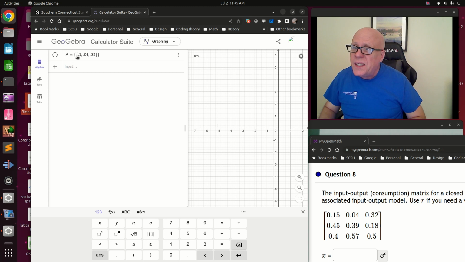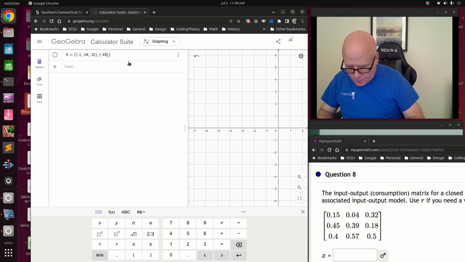So that's the right kind of format. I've got a matrix right now with just a single row in it, but I'm going to put in another row. And that second row has 0.45, whoops, need a comma there, 0.39, and 0.18.